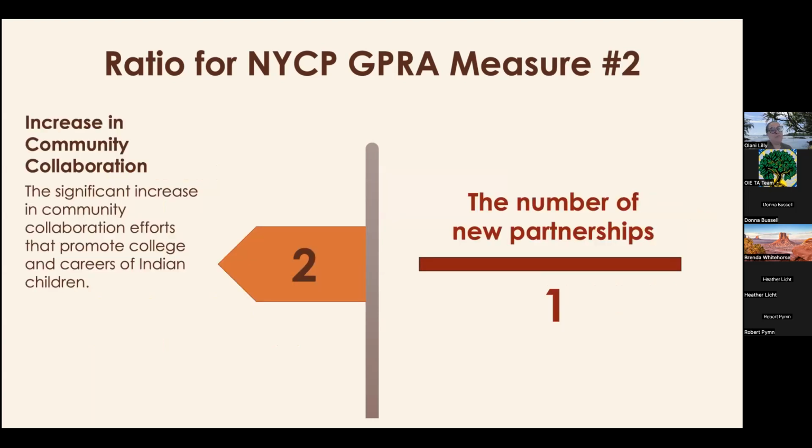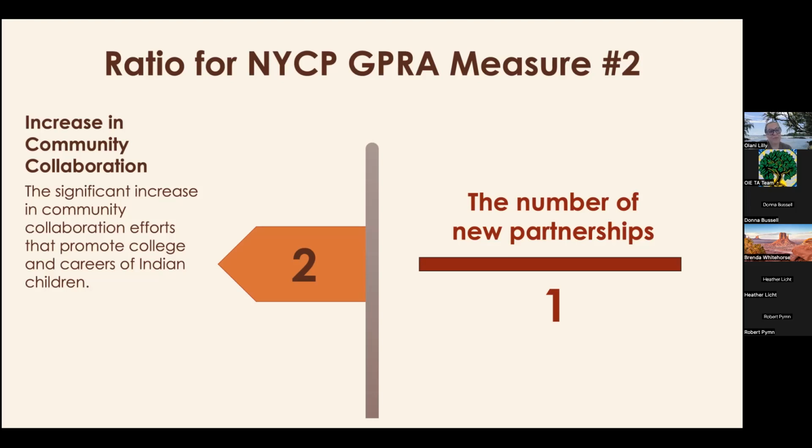For GEPRA measure number 2, this measure is about the increase in the number of active community partnerships. For this one, we're asking you to only report the number of new partnerships acquired within this reporting period. For this measure, everyone, your bottom number will be 1. Easy peasy.